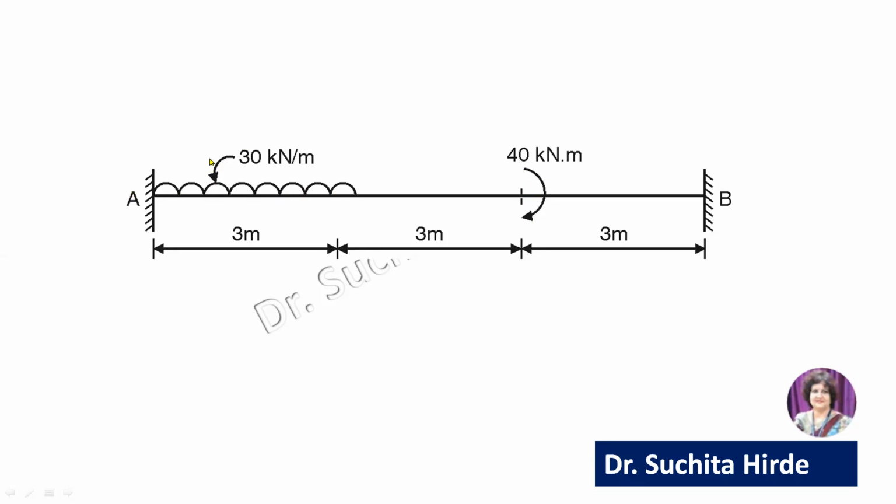So for this partial UDL, we take a small strip out of this and then we can apply the formula related to eccentric point load, that is WAB square upon L square and WA square B upon L square. So let us see how we can calculate fixed end moment using standard formula. For partial UDL, we will be using the formula of point load, and for moment, there is a standard formula which we are going to use.